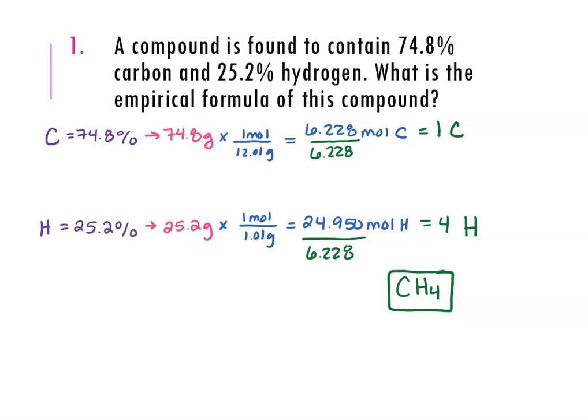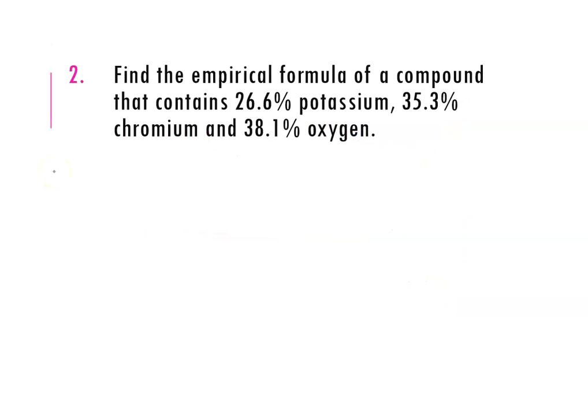All right, let's do a couple more. So here we have a compound with potassium, chromium, and oxygen, and we're given the percentages. So we start by looking at our elements. We have K for potassium, Cr for chromium, and O for oxygen. My potassium, I have 26.6%. The chromium, I have 35.3%.